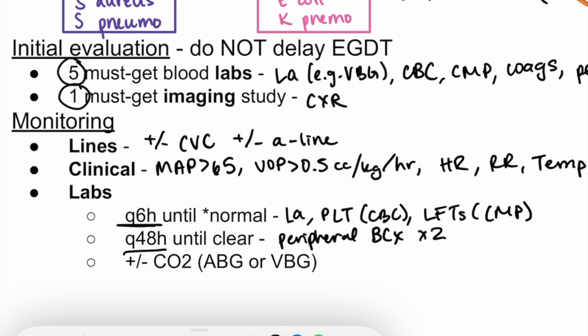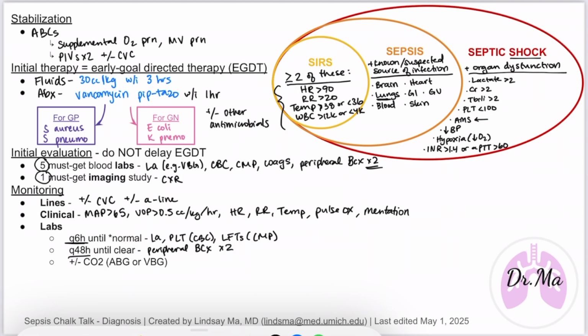So to recap, patients with vital abnormalities that meet SIRS criteria should be assessed for sepsis by figuring out if they have a known or suspected source of infection. If they meet both of these, then they are diagnosed with sepsis until proven otherwise.